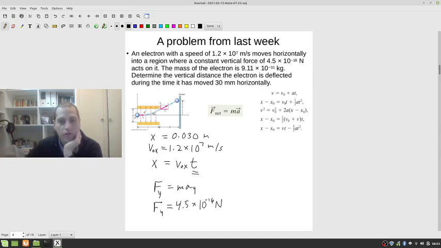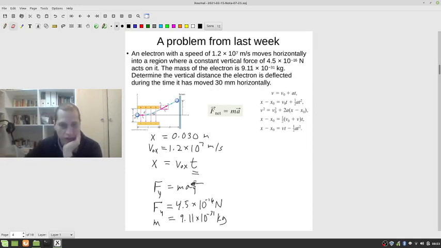And we have the mass of the object, which is 9.11 times 10 to the minus 31 kilograms. Okay, so you should expect to get an acceleration that's pretty huge, right? So be prepared for that.